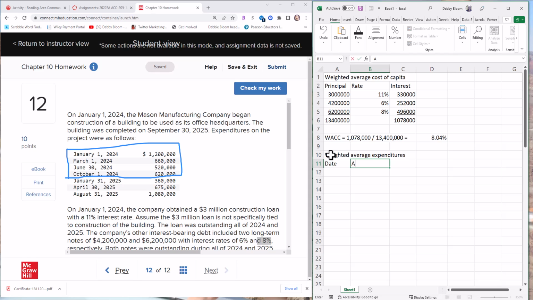I'm going to put in the amount. I'm going to put in the fraction. I'm going to put in the weight. And I'm going to multiply the amount times the fraction to get the weight.